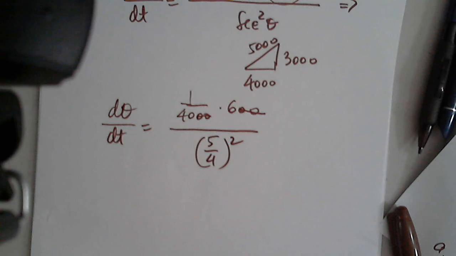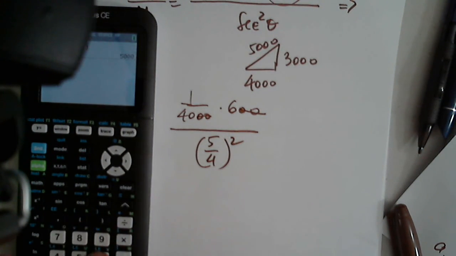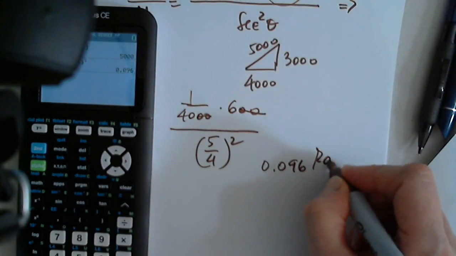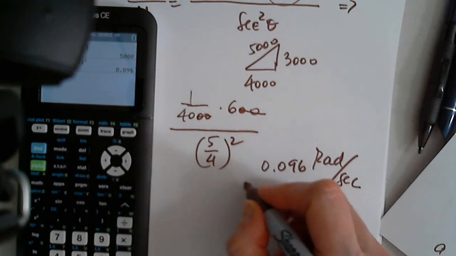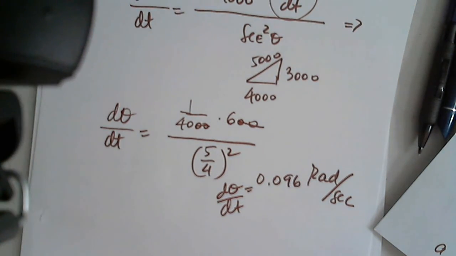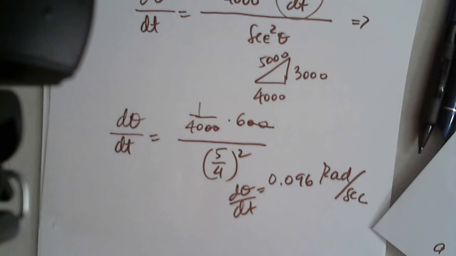So I have 6 at the top, so I have 6 divided by 40, and divide by 5 over 4 squared. And I got 0.096 radians per second. And this is d theta over dt. Very interesting problem also. Quite nice.